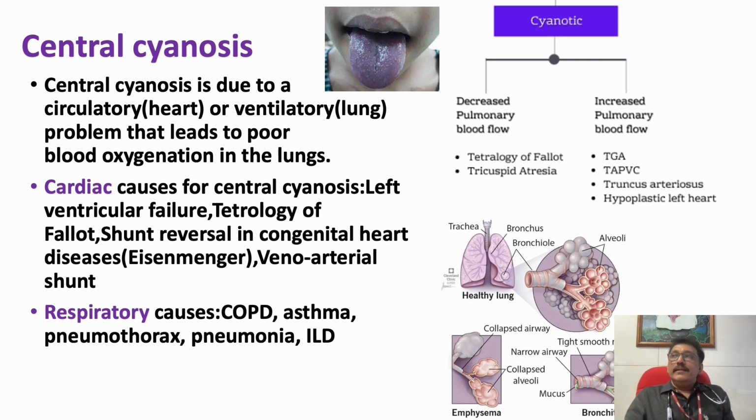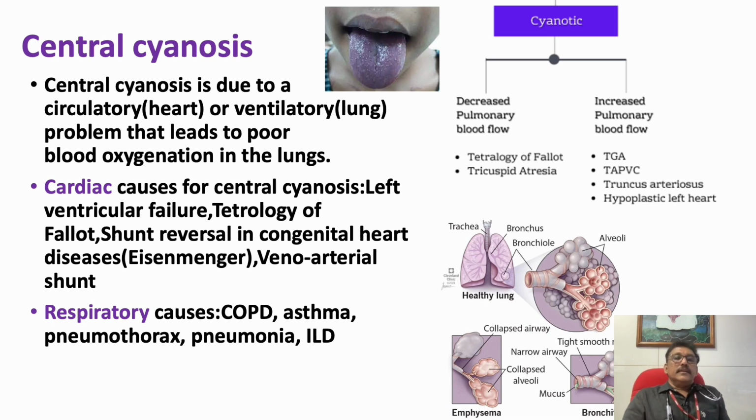Or it can be a lung disease like COPD or asthma, where there is defective oxygenation in the lungs and low oxygen diffusion into the blood, which produces hypoxemia and produces cyanosis. So low oxygen is produced during cardiac failure or lung failure.